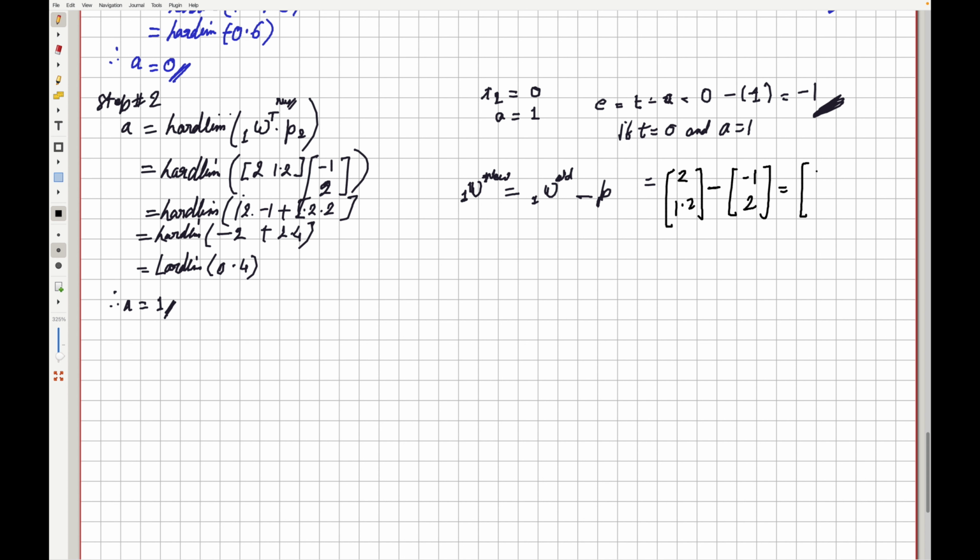So what we get here is 2 minus minus 1 becomes plus 1, which gives 3, and 1.2 minus 2 gives minus 0.8. That is the new W that we have, and we are going to now use that value of new W, which is 3, minus 0.8, to continue with the calculation.